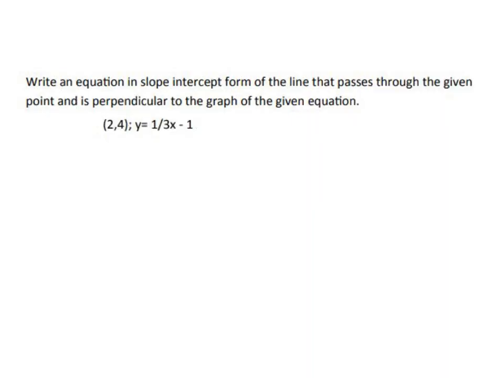All right. Now we're going to write an equation in slope-intercept form that is perpendicular and passes through this point. This is where it can get a little bit tricky. Our slope is 1/3, so a perpendicular slope is going to be negative 3. I'm going to use point-slope form to help me here. Remember, this is x, this is y, so this would be y minus 4 equals negative 3 times x minus 2.